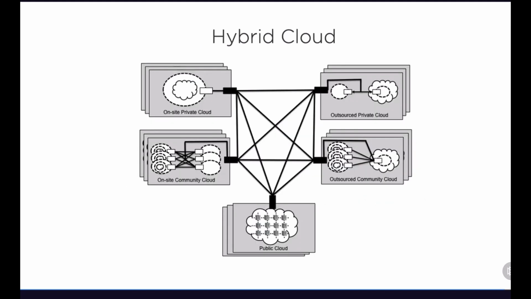We see here in a hybrid where we could have a combination of almost any of these. A combination of an on-site private cloud, an outsourced private cloud, an on-site community cloud, an outsourced community cloud, or the public cloud. And so a hybrid is, as we said, 2 or more of these that work together.